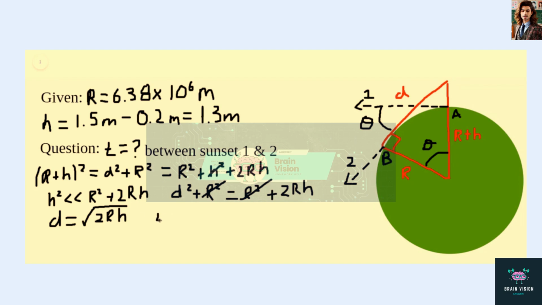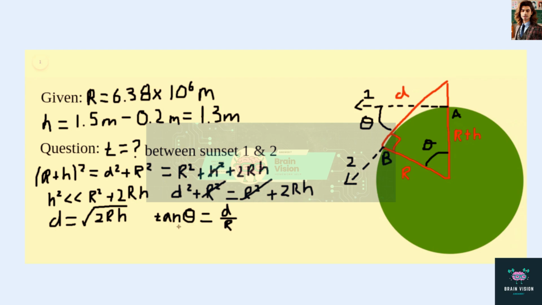So we're going to make use of the trigonometric identity that tangent theta is equal to the opposite of theta divided by the adjacent to theta, the adjacent being r. So it's going to be the opposite, which is d, over r. Well, we just solved for d.